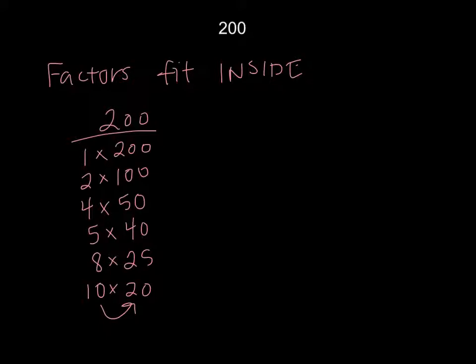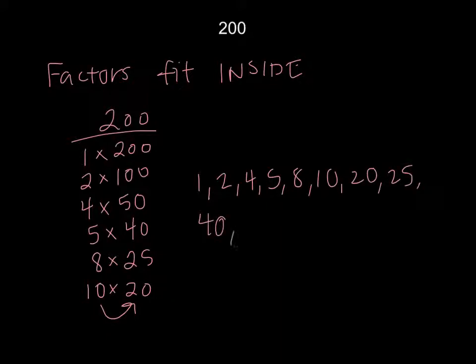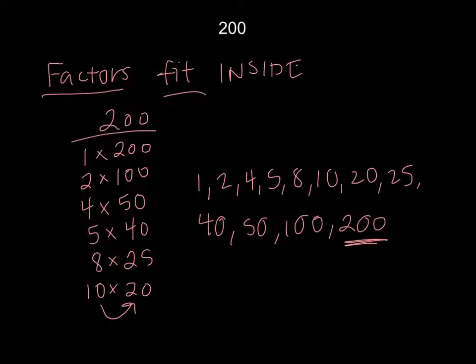So the factors of 200 are 1, 2, 4, 5, 8, 10, 20, 25, 40, 50, 100, and 200. And since factors fit inside, I know that 200 is the largest number that will fit inside of itself.